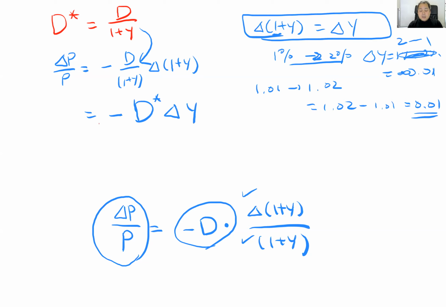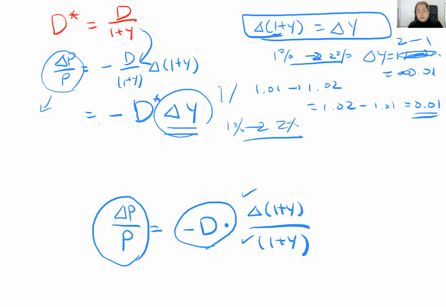And this measure is easier to understand because this is the percentage change in price, like a 10% price change, things like that. This delta y is just the interest rate change. If the interest rate changes from 1% to 2%, this should be 1 percentage point.